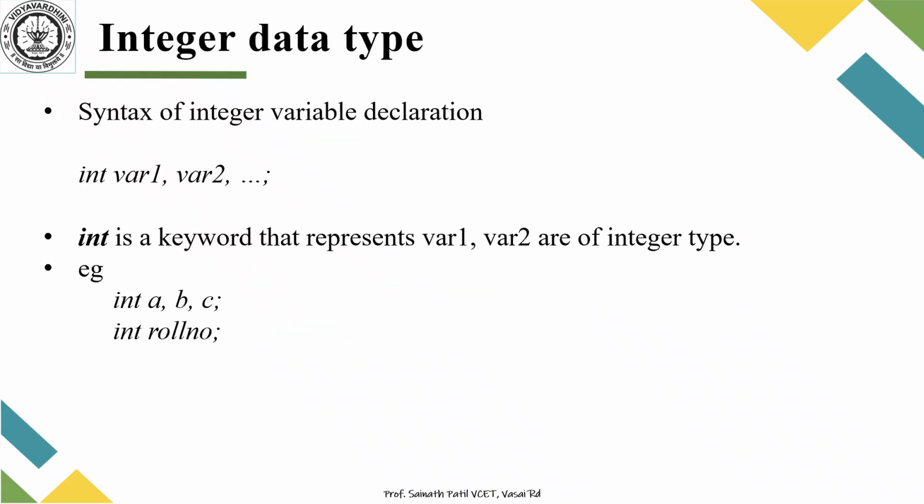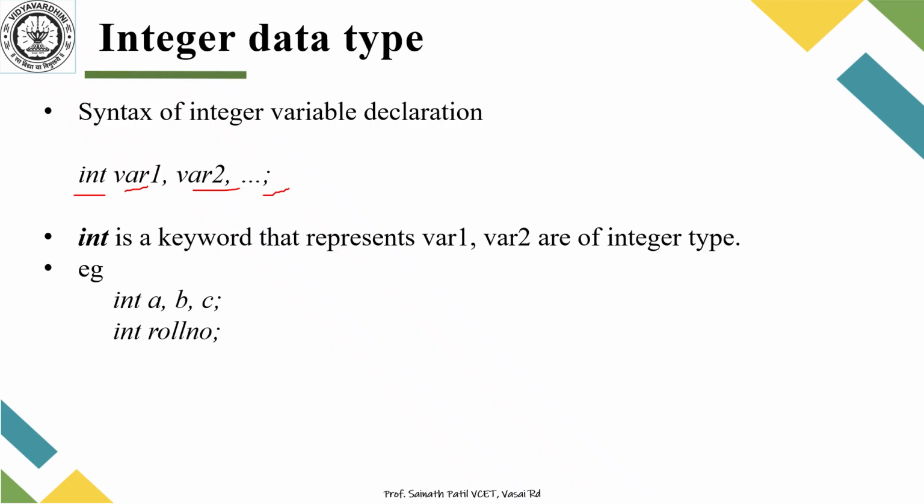Syntax of integer variable declaration. That means before using any variable, I have to declare it, mention that I am going to use this kind of variable in my program. So here the int keyword is used, var1 comma var2, and so forth, terminated by a semicolon.